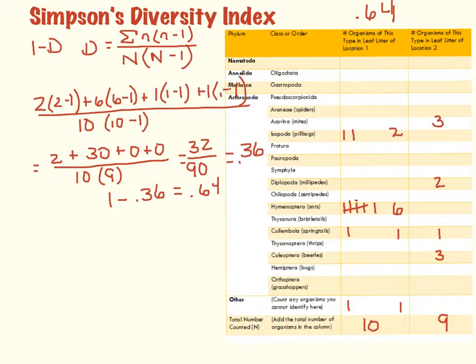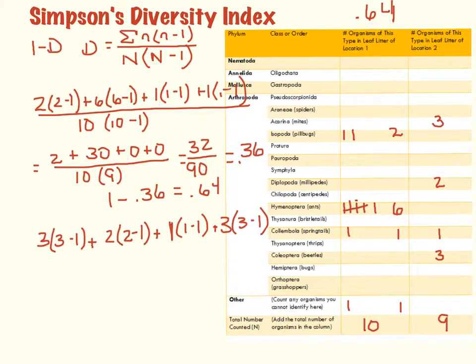I'm going to use my formula again, so it would be 3 times 3 minus 1 plus 2 times 2 minus 1 plus 1 times 1 minus 1 plus 3 times 3 minus 1.